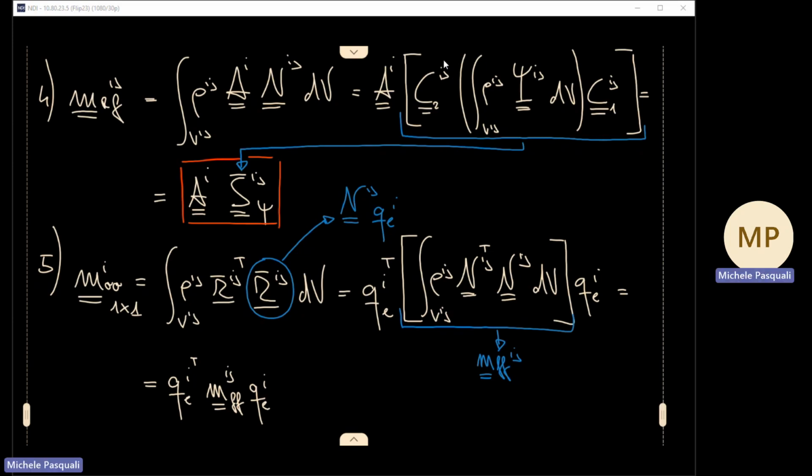And again, if you want to check the dimension, here you have 1 times 6. This is 1 times 1, and this is 6 times 1. Sorry, no, this is a 6 times 6. This is a 6 times 1. Okay. All right.